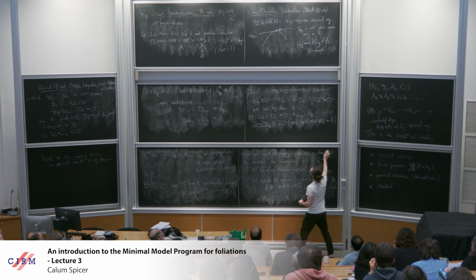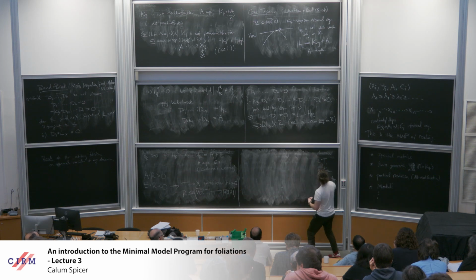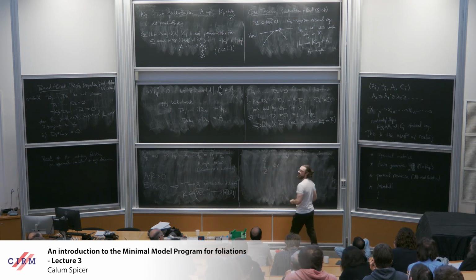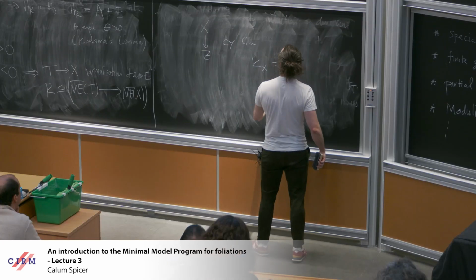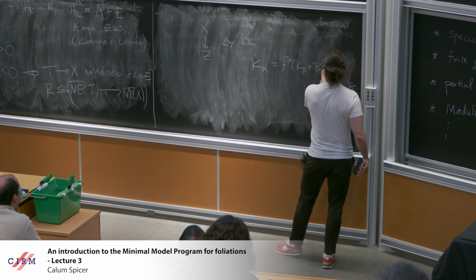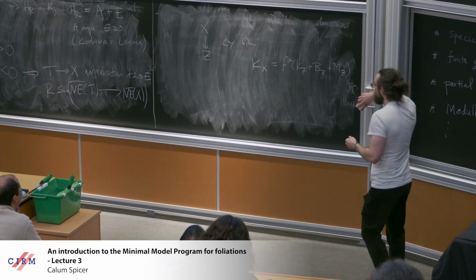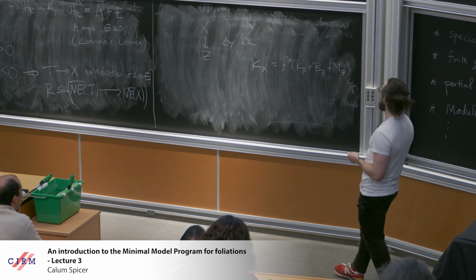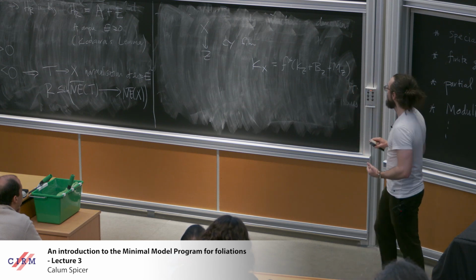If you have, say, a Calabi-Yau fibration, what you should write is K_X as the pullback of K_Z plus some discriminant divisor plus some moduli divisor. What we expect is that this moduli divisor is the pushforward of an F class, so it has some positivity properties.